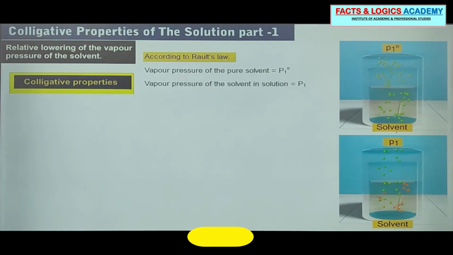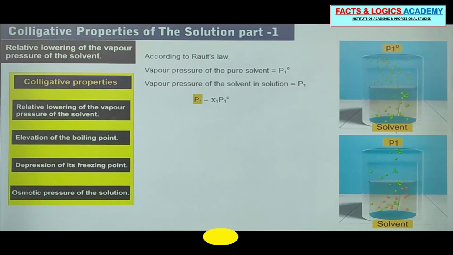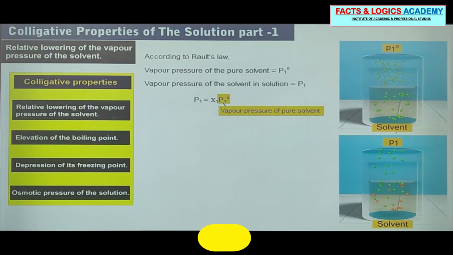According to Raoult's law, the vapor pressure of a solvent P1 in a solution containing a non-volatile solute is given by P1 is equal to x1 multiplied by P1 naught, where x1 is the mole fraction of the solvent and P1 naught is the vapor pressure of pure solvent.